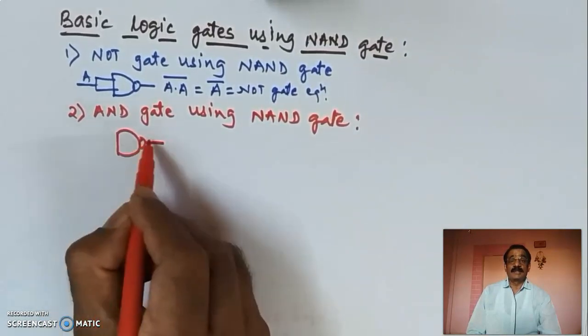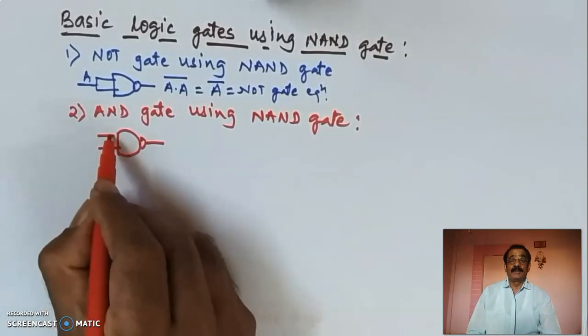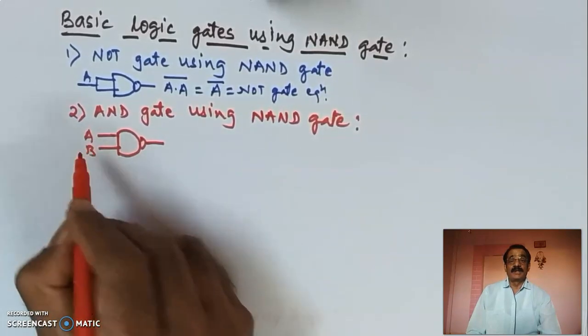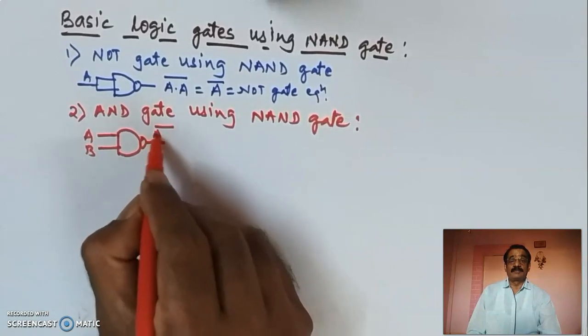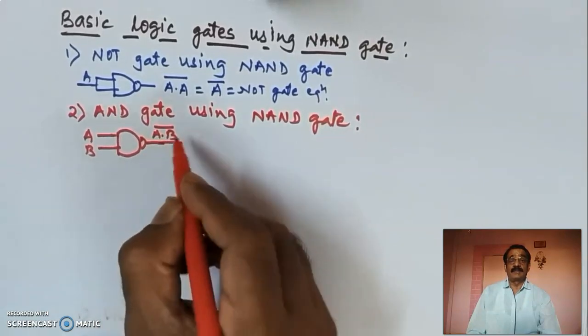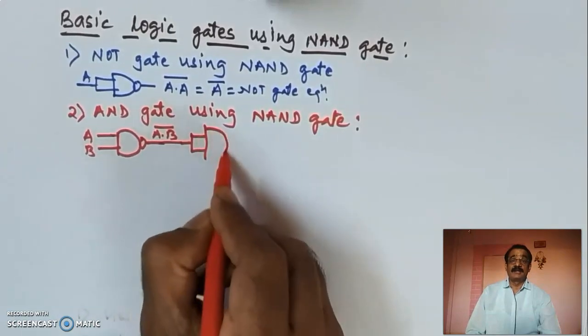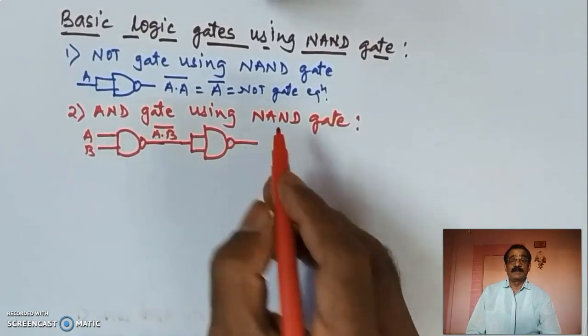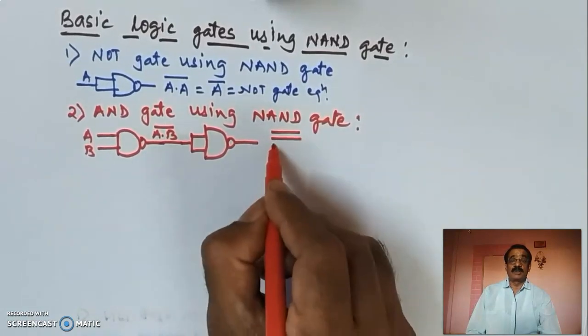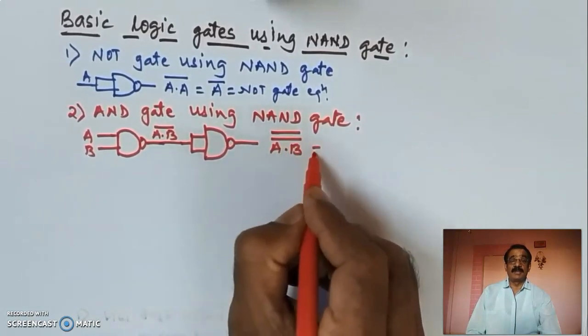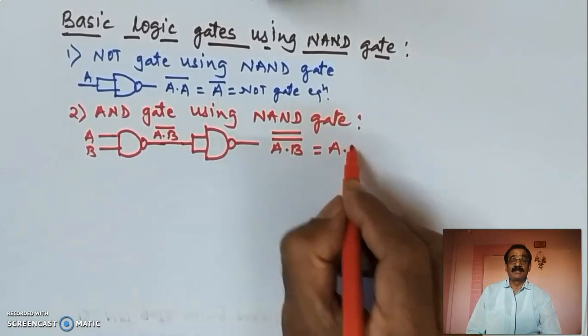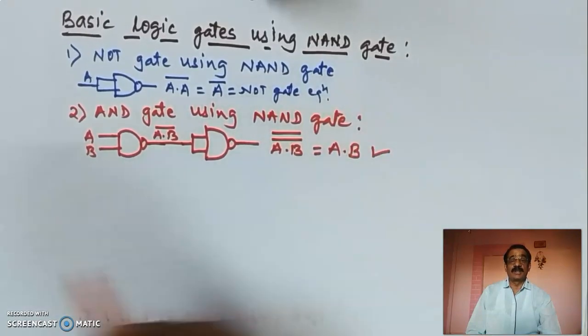Show the inputs A and B. We get the output complement of A dot B. Then connect the NOT gate made using the NAND gate. So we get the output double complement of A dot B. Complement gets cancelled and we get the output A dot B, which is the Boolean equation of the AND gate.